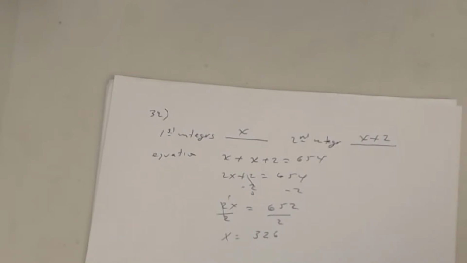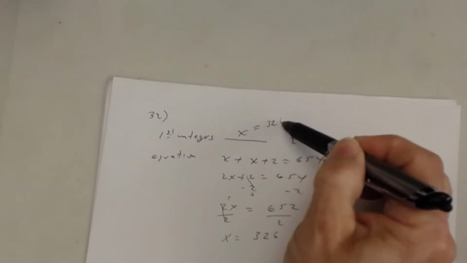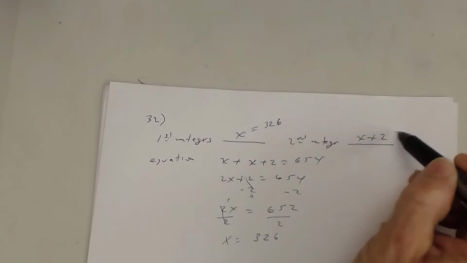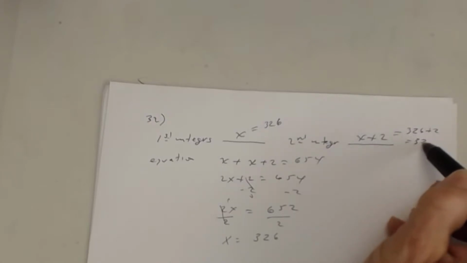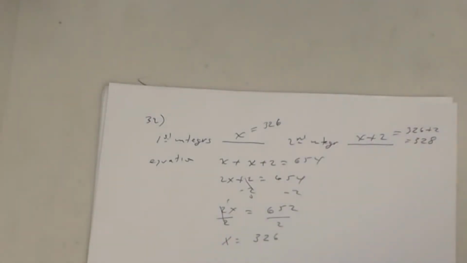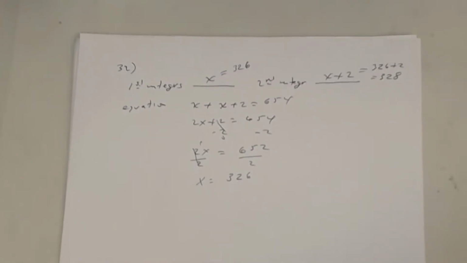Now remember, that's x. So that means that this unknown right here is 326. And my second integer is 326 plus 2, which is 328. All right, and then we answer the question.